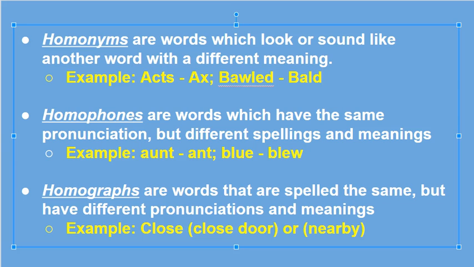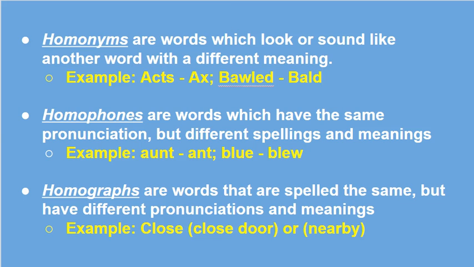Okay, now let's look at some definitions for these 3 words you see on the screen. Homonyms, homophones, and homographs. Our standard wanted us to determine the definition or find the context clues for multiple meaning words. A homonym is a word which looks or sounds like another word with a different meaning.